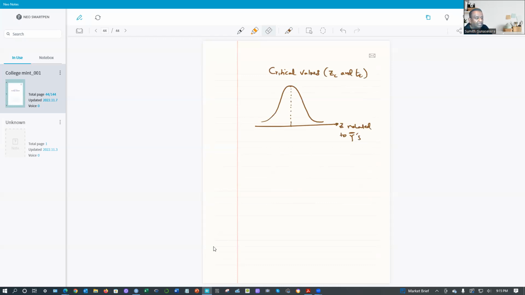This is the standardized distribution of the y bar distribution, the sampling distribution. We believe the center should be mu. How far can this go? It should be mu, but I have y bar obs.